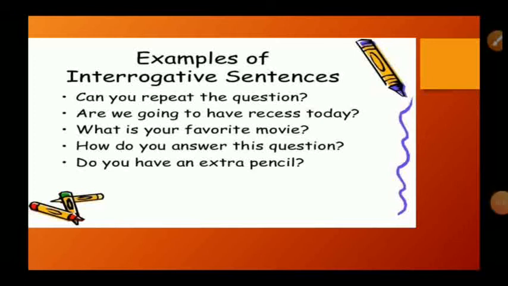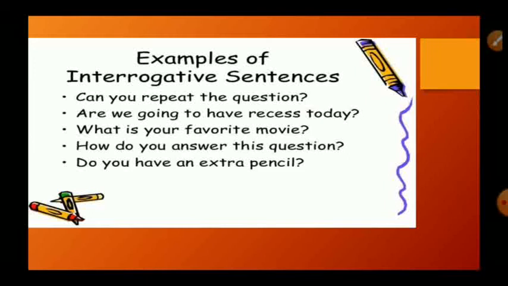Now next are examples of interrogative sentences. Can you repeat the question? As we learned, in all interrogative sentences we apply a question mark. Are we going to have recess today? What is your favorite movie? How do you answer this question? Do you have any extra pencil?